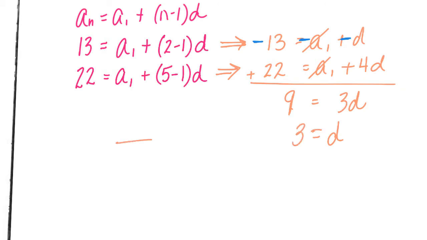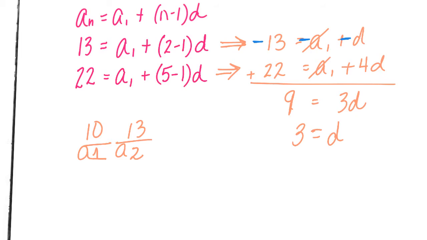So I know that the second term was 13. The common difference, we know is 3. I should probably call these a sub 2. If I just go ahead and subtract 3, I know that the first term is 10. And again, the question says find the 20th term of the arithmetic sequence.